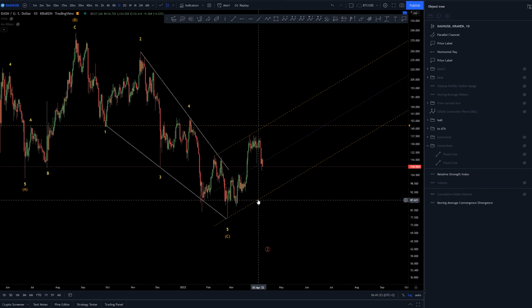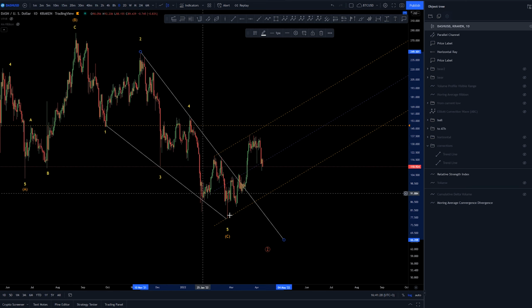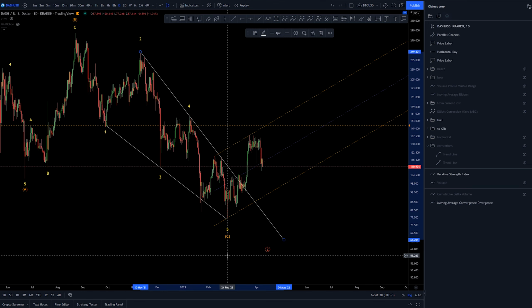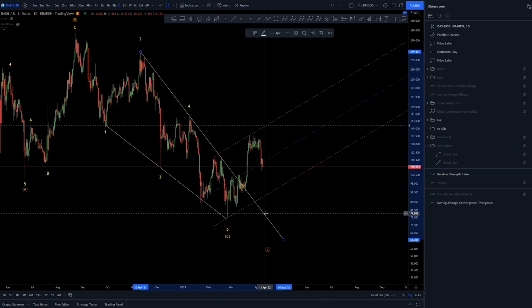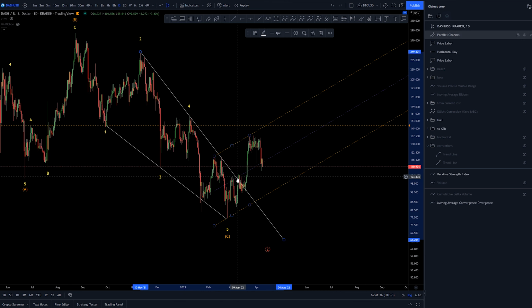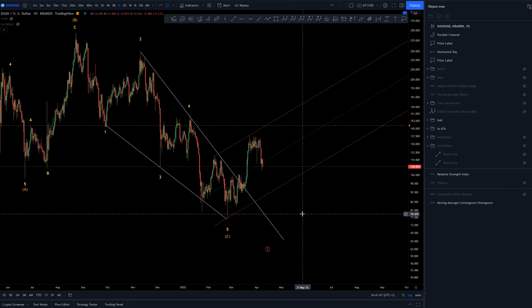Now we've already come down and broken this area that we had, this downwards movement, but we didn't really backtest it further down. We backtested it basically on the line that we crossed it, or basically just sat around that area until the time allowed us to make this pump up.